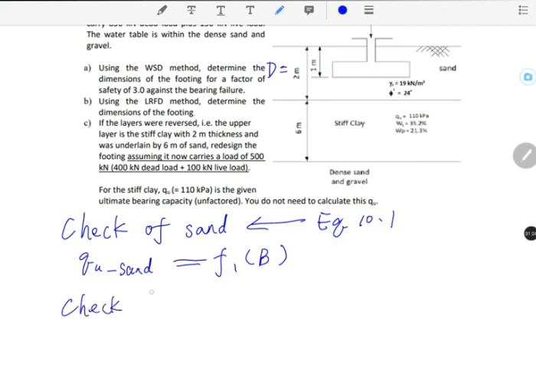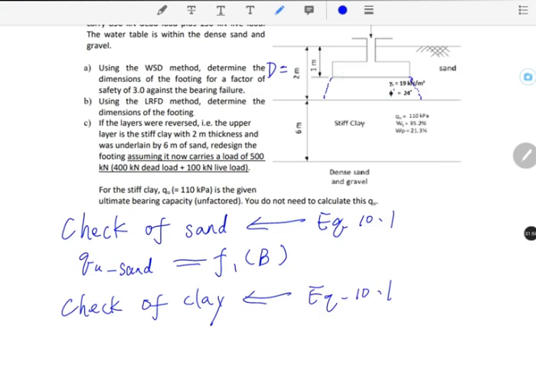we check the underlying soil of the clay. Similarly, equation 10.1, but here the challenging part is to find the contact area between the square footing and the top of the stiff clay.